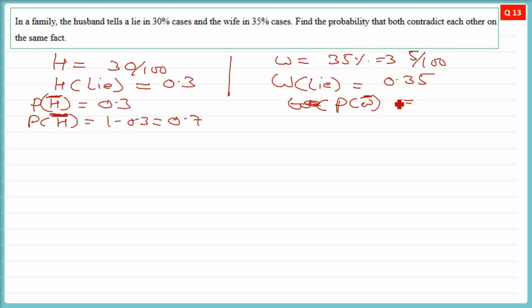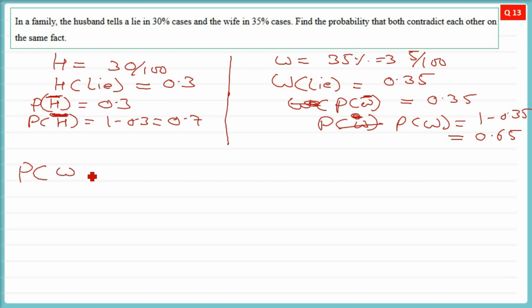Similarly, telling a lie for the wife is P(W bar), and the probability that the wife speaks the truth is P(W), which is 1 minus 0.35, and that comes out to be 0.65.